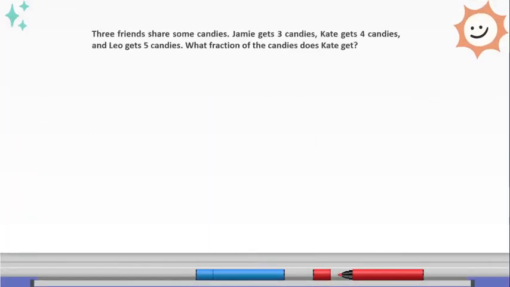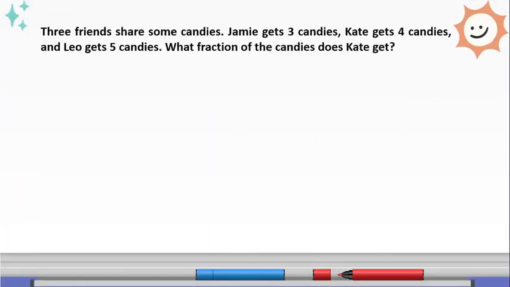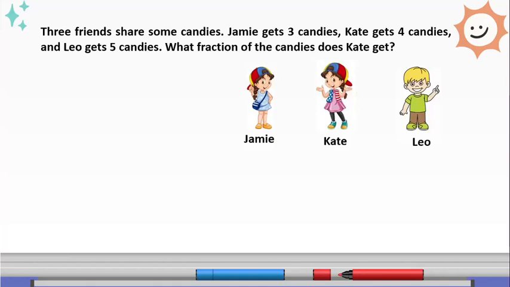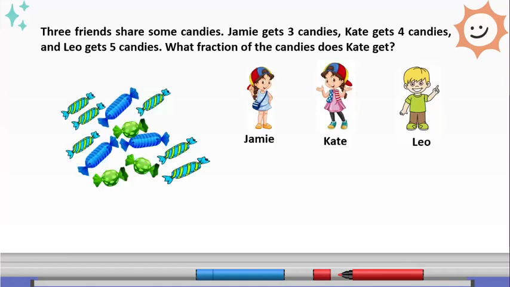What if, let's analyze this problem. 3 friends share some candies. Jamie gets 3 candies, Kate gets 4 candies, and Leo gets 5 candies. What fraction of the candies does Kate get? Let's show Jamie, Kate, and Leo. And these are the candies they get.